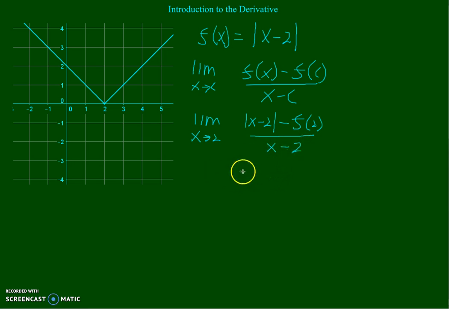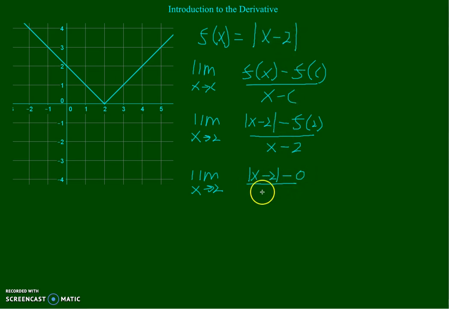And this gives us the limit as x approaches 2 of the absolute value of x minus 2 minus f of 2. If we put a 2 in here, we have 2 minus 2, which is 0.